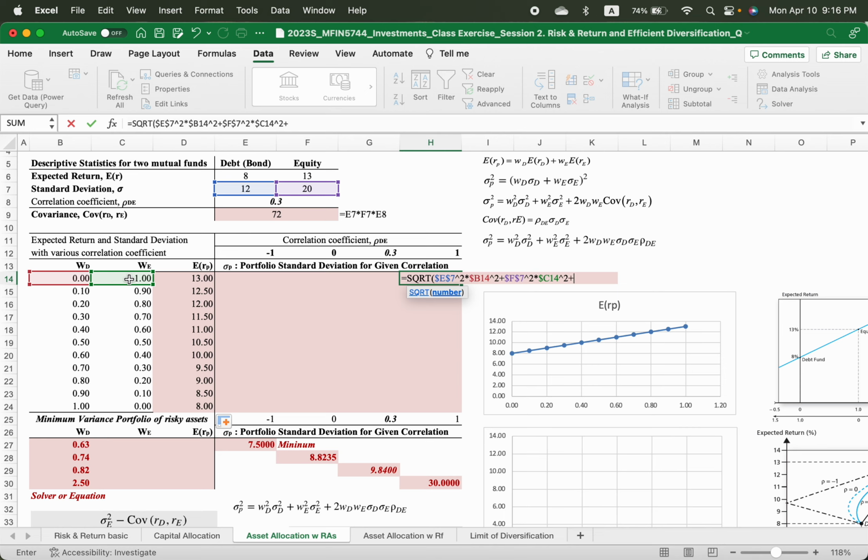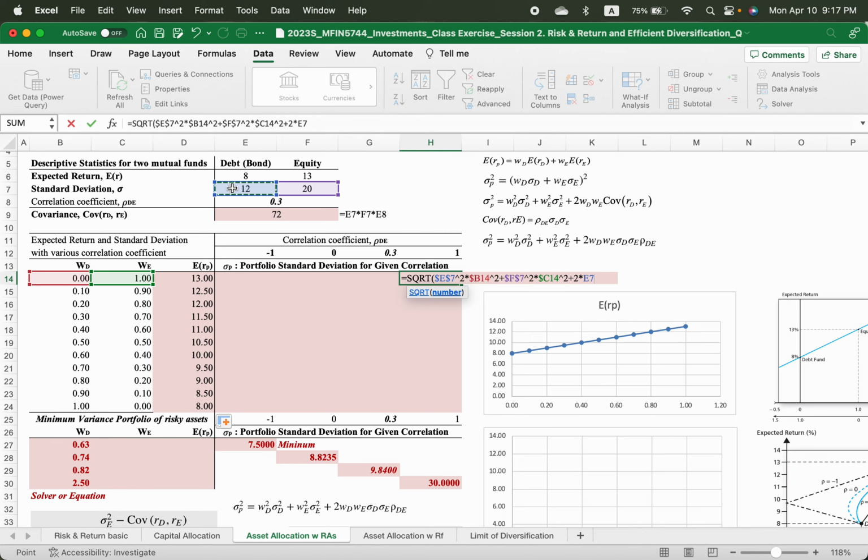Plus now 2 times, the same way, the standard deviation of debt.